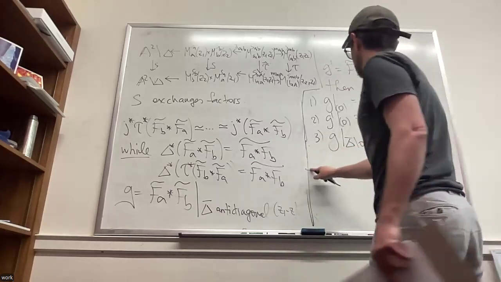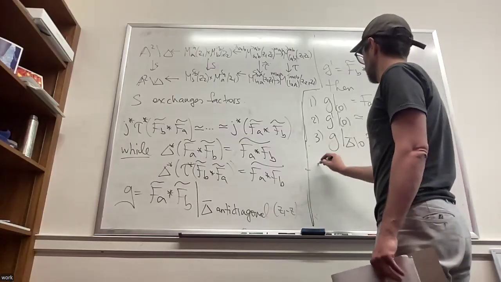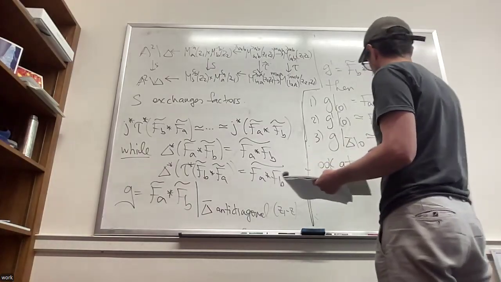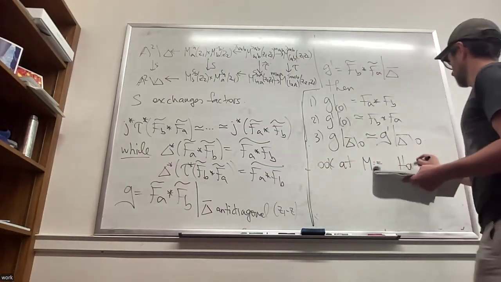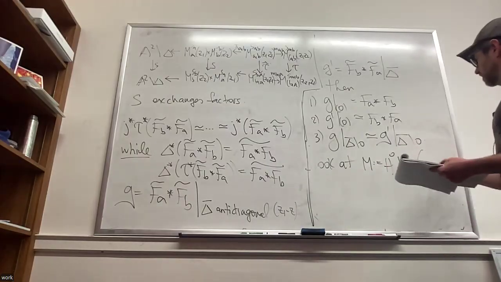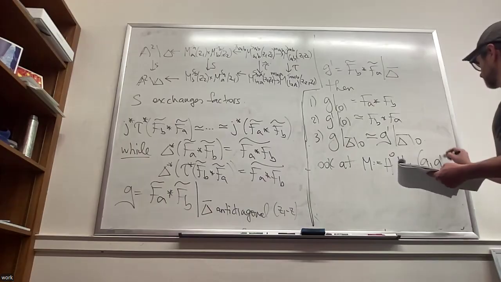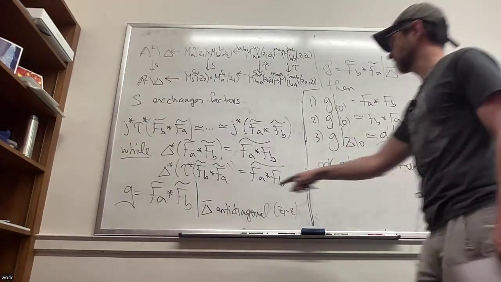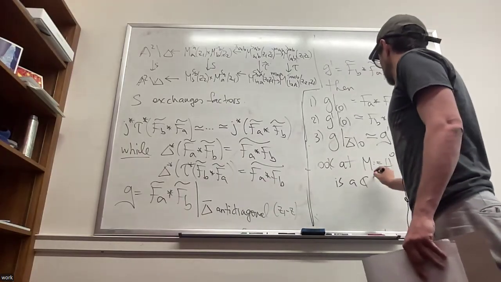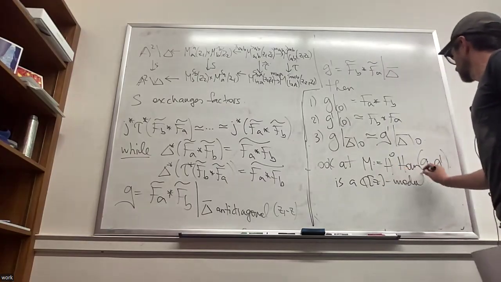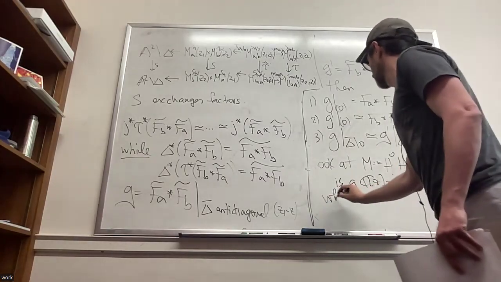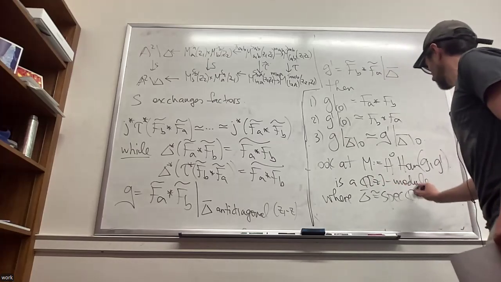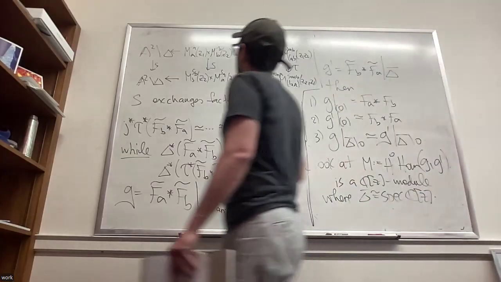That means that you can look at the space of Homs between these two objects. Let's say you look at M, which is the degree 0 Hom between these two guys, which is a module over the base. This is a C[Z]-module, where the Z here is the coordinate of the anti-diagonal.